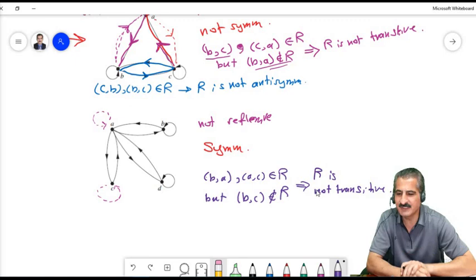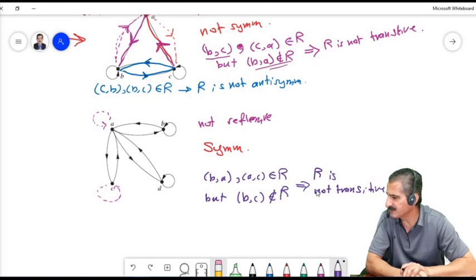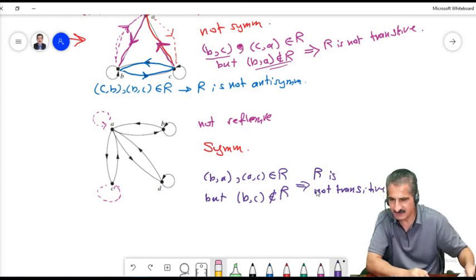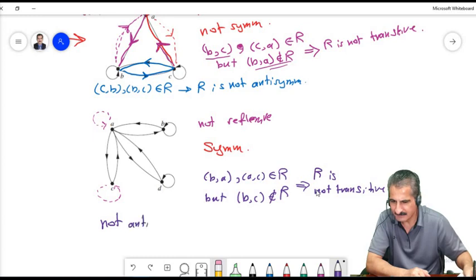What about antisymmetric? Is it antisymmetric? Somebody answer me. And somebody is saying no for this question also. It is not antisymmetric. Why?